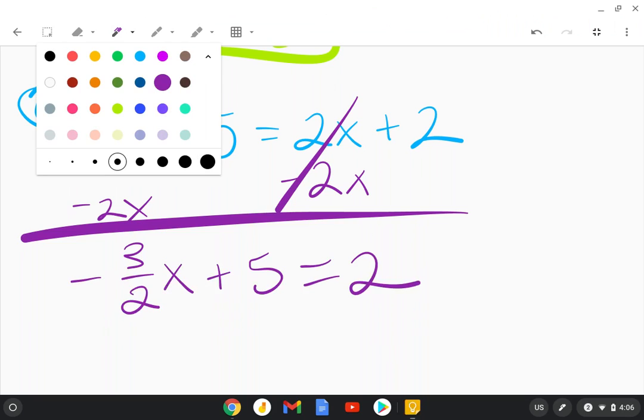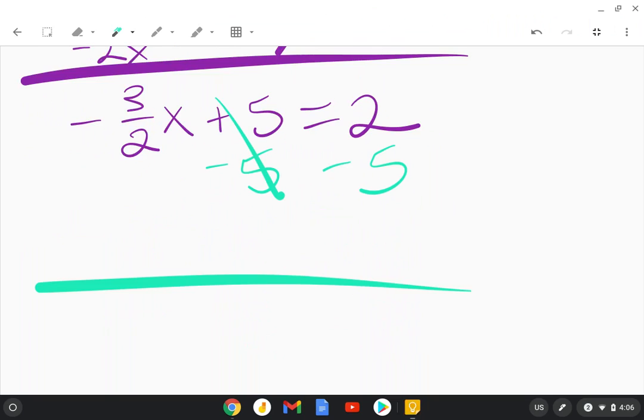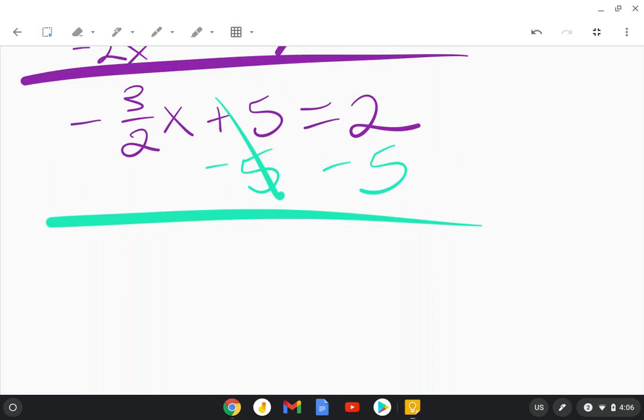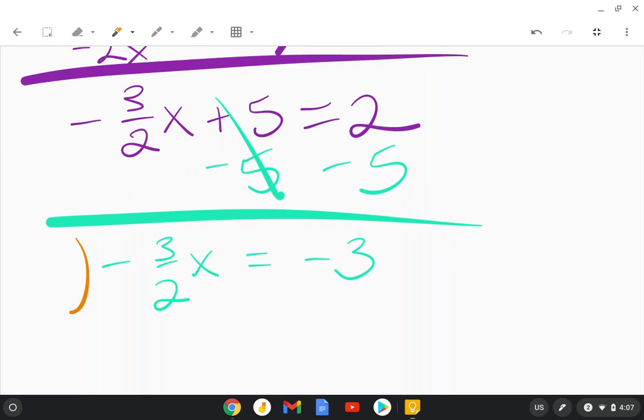Now we're just solving it the way we've been solving all of these. We're going to move 5 across. We're going to subtract it to get rid of it. And we're going to end up with negative 3 over 2 x equals negative 3. So now we're going to do the reciprocal rule. We're going to multiply this times negative 2 over 3.